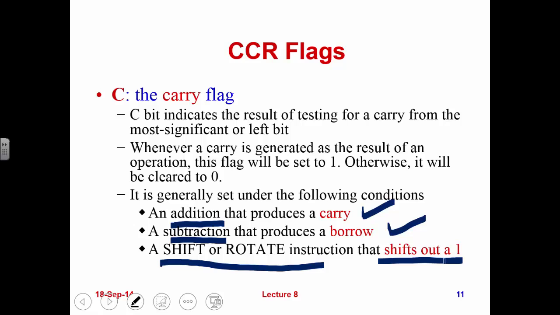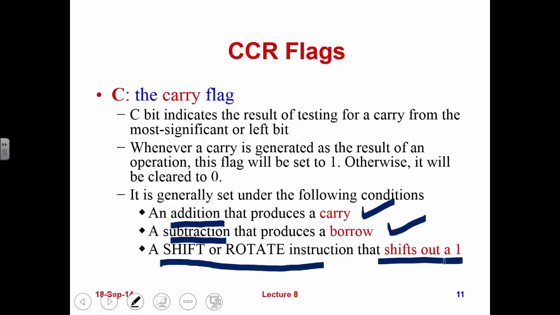In other words, when we do rotation or shift, no matter whether it's an arithmetic shift or a logical shift, the bit shifted out is saved in the carry bit. If that bit is 1, it makes the carry bit 1. If the bit we shift out is 0, then the carry bit is 0.